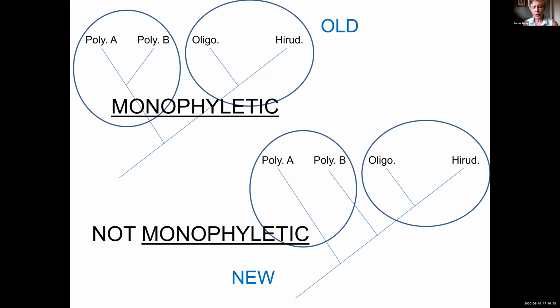So a relatively recent large genetic analysis of all of this vast diversity among polychaetes discovered that, in fact, oligochaetes and Hirudinea are a little subgroup over here, and they're a monophyletic grouping, but that we have multiple side branches off of this tree, and that trying to call polychaetes a taxonomic grouping is not a monophyletic grouping.